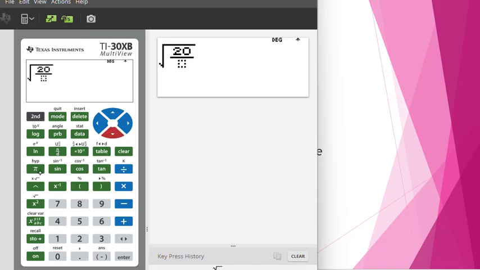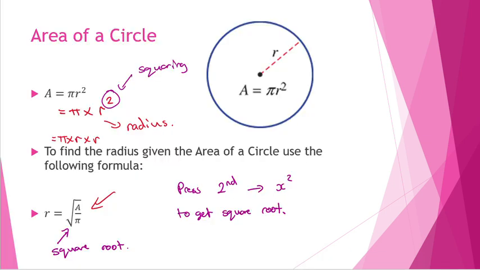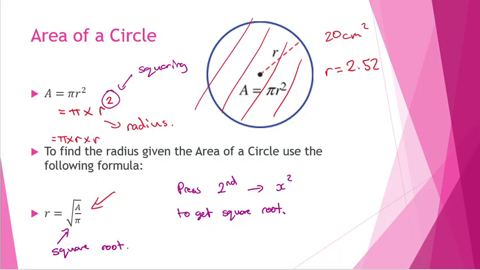I'm just going to do 20 divided by pi and hit enter. That means my radius is 2.52 centimeters, okay? So if this space, for example, was 20 centimeters squared, my radius is actually 2.52. So that's just all it is. You're just working backwards in a sense, but you'll cover that more in the exercises, okay?